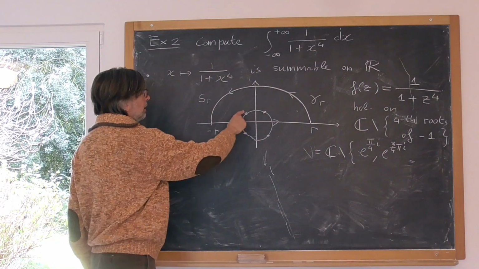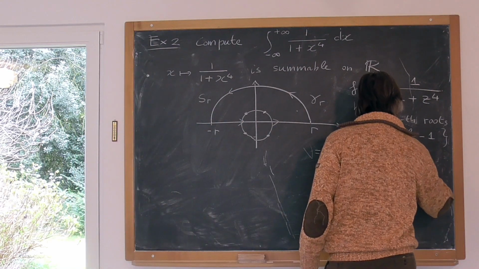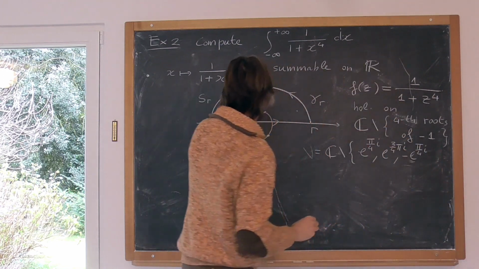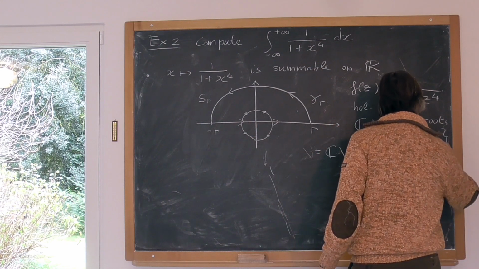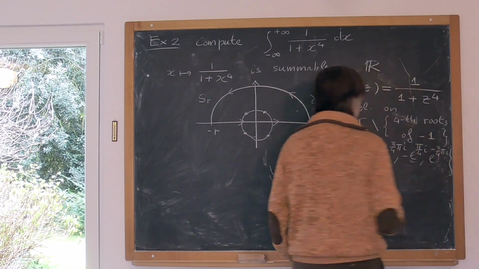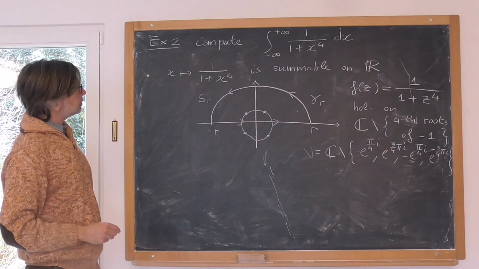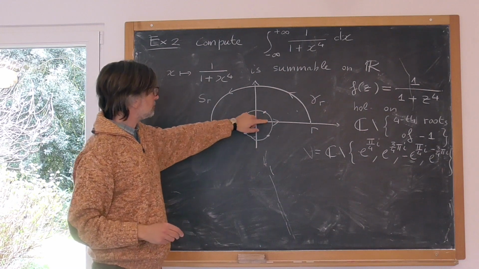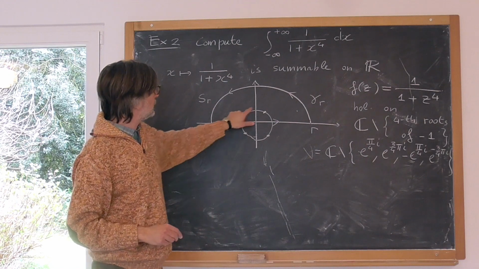And then we have minus this one, minus e to the iπ/4, and minus this one here, e to the minus 3iπ/4. Okay, these are the poles of this holomorphic function. Notice that only two of the poles are in the region bounded by the contour, the two outer ones.